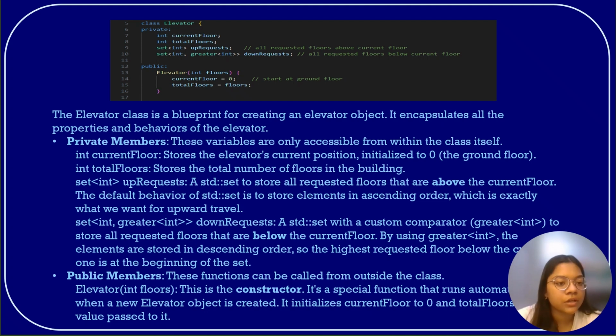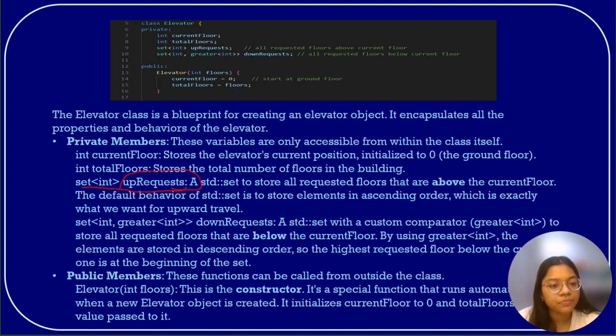Then, as we can see here, we have defined a set like this: set<int> up_request. As we discussed in the earlier slide, here up_request is the name of the variable, and its data type is integer.